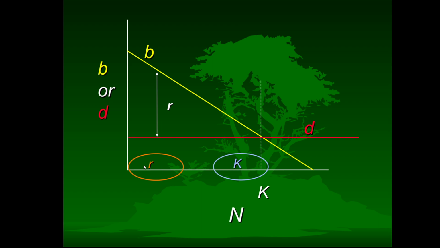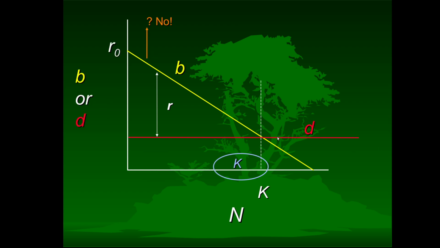Okay, so we've got K in this region. Now, if the population is in this region, it's generally K selected. And if this region, it is an r-selected species.